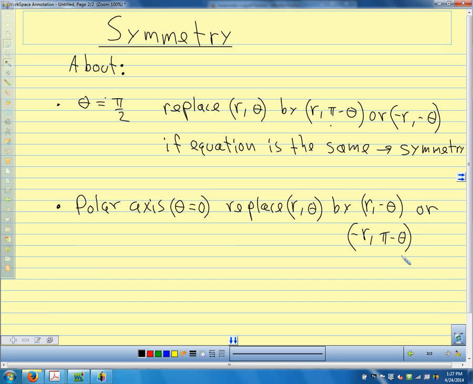If our equation turns out the same after we make those substitutions and simplify, then we have symmetry. So we plug those in, simplify, and if we get the same equation back out, then we have symmetry about the polar axis.